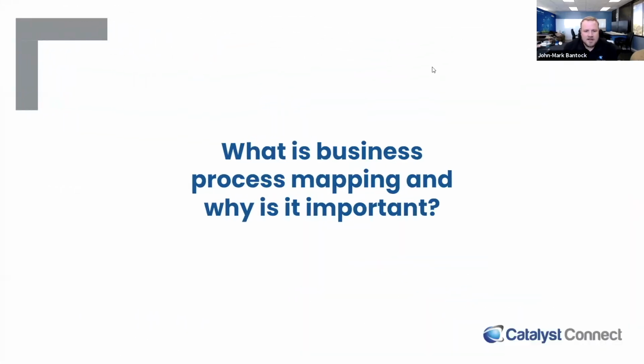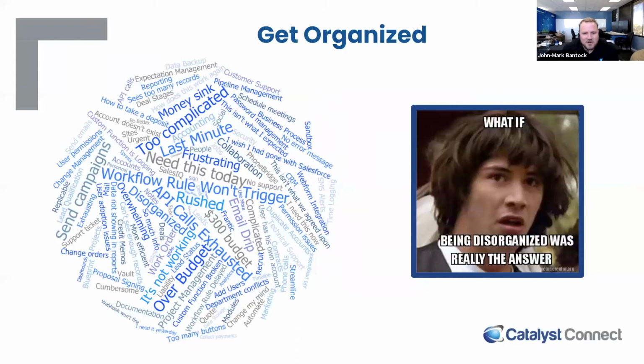So let's dive in here. What is business process mapping and why is it important? Well, I think that we can all identify with this, right? Clients come to us with this disorganized mess of frantic notifications that, hey, this workflow will trigger, my API calls are exhausted, I'm disorganized, I need to implement Zoho.